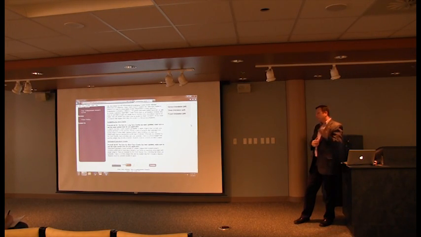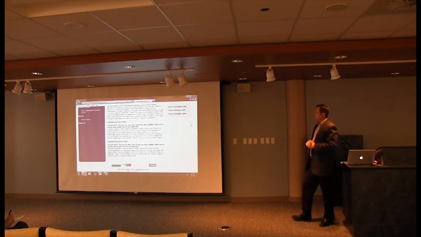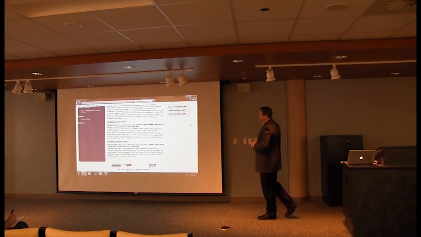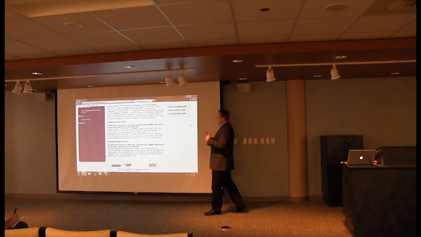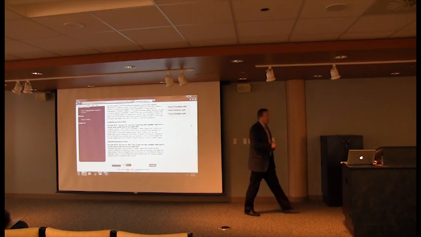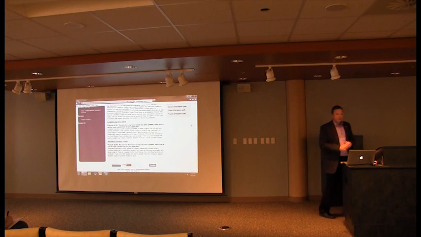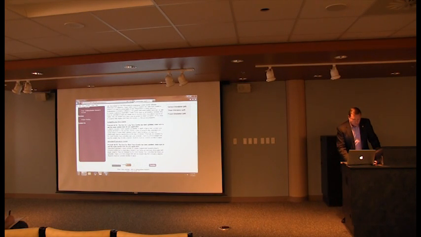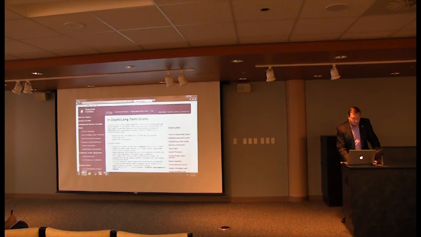And then the maximum amount that is allowed for a stipend is $2,500. So of the $3,500, $2,500 can be for a research stipend. Okay? Let's take a look at these applications and see what is involved with these different grants.